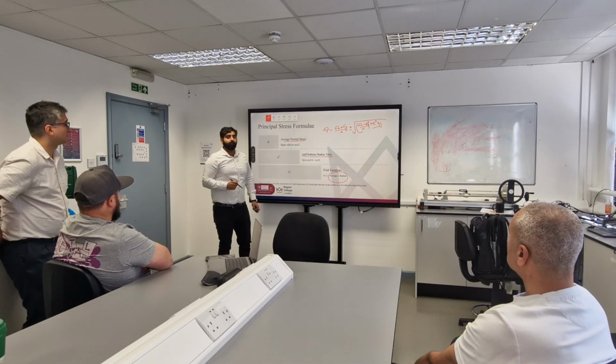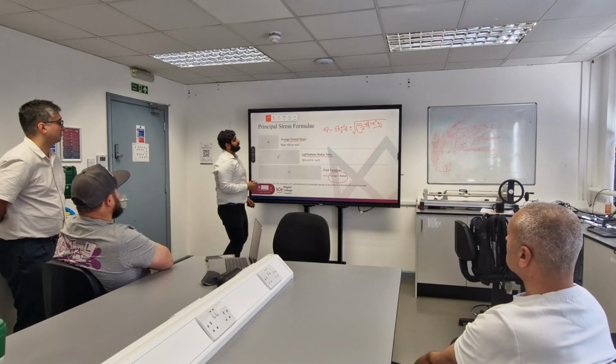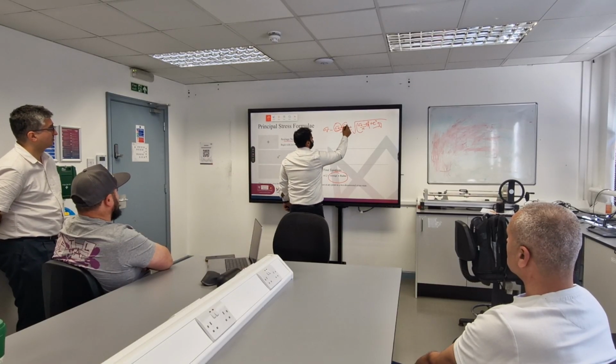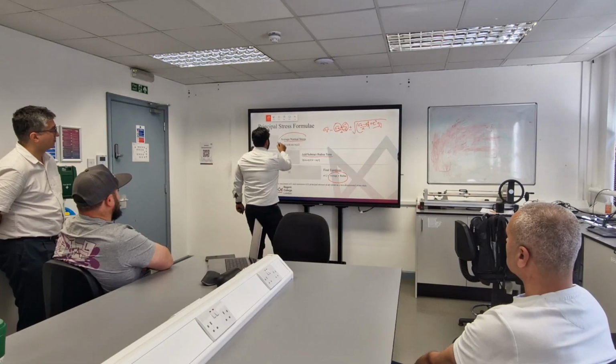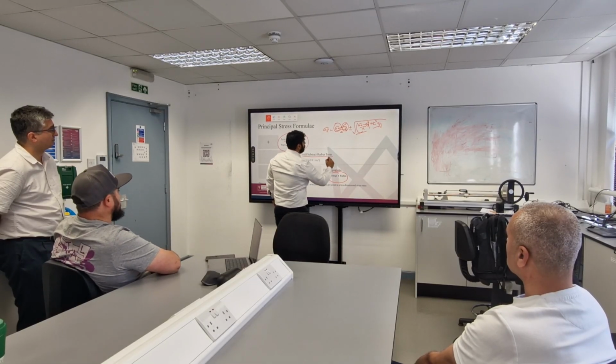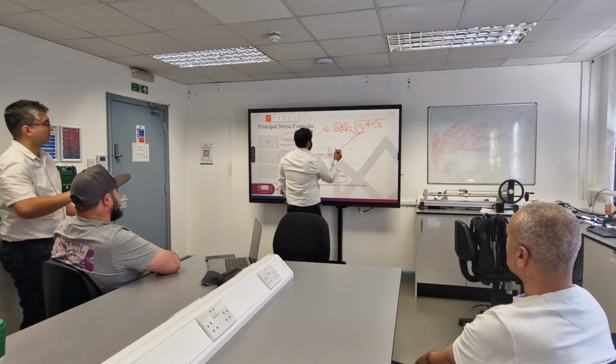This is the formulation we use to calculate the principal stress and the principal strains. Here is the average normal stress, and this is the radius, and this is addition.